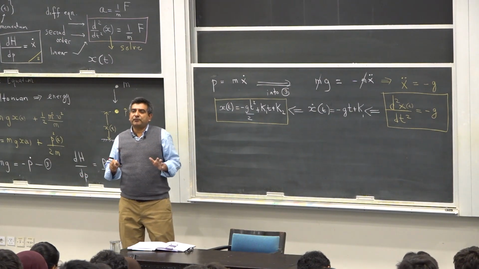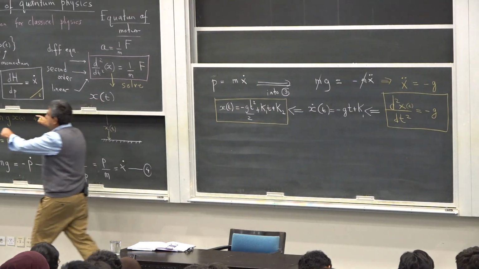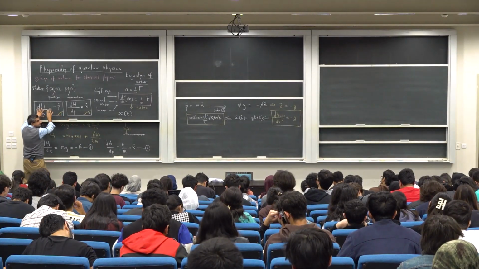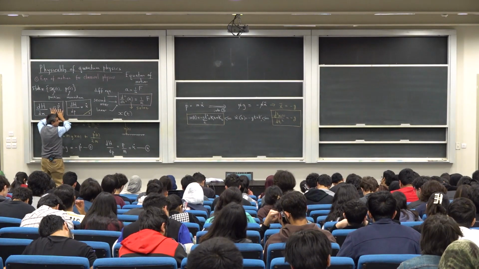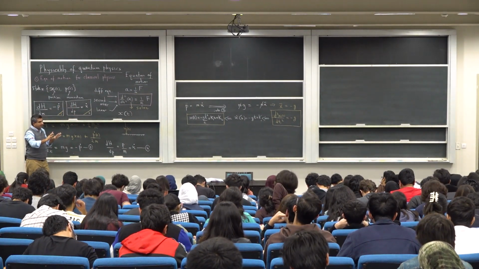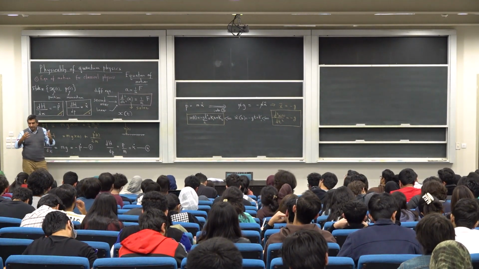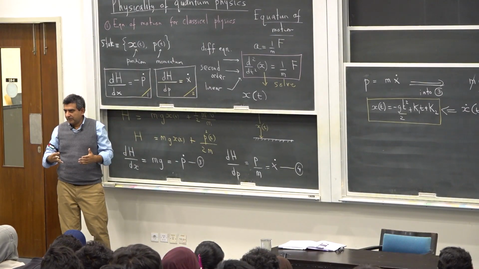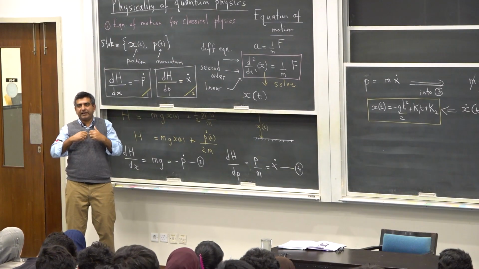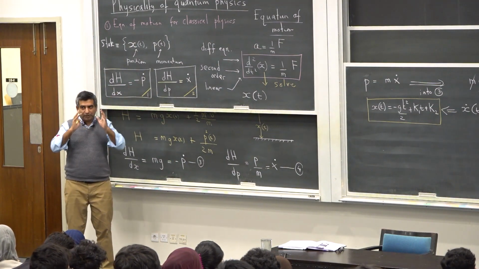So what we've done so far, we've motivated that these first order differential equations 1 and 2, called the Hamilton's equations, accurately describe the motion of a classical object. And what is important in any problem is to identify the Hamiltonian.